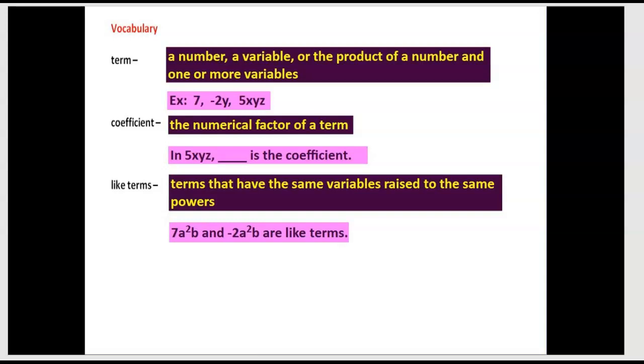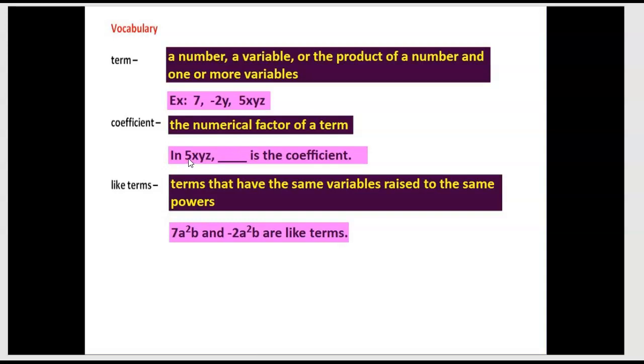So what that means is 5xyz functions as a single term with multiple variables and coefficients. The coefficient is the numerical factor of the term. So in our first example, the coefficient is the 5. So in 5xyz, 5 is the coefficient.